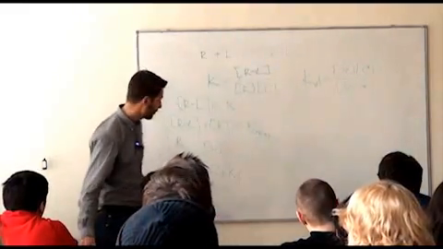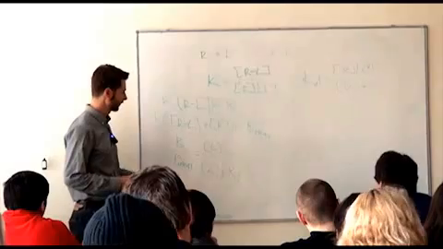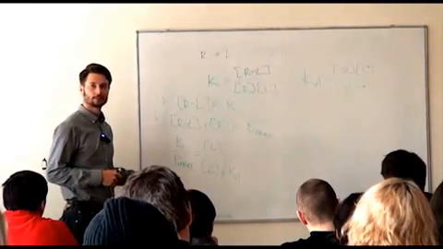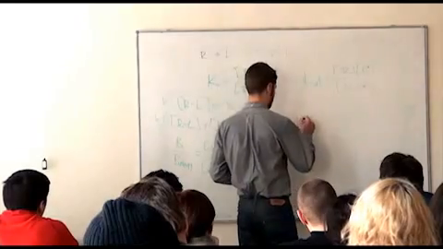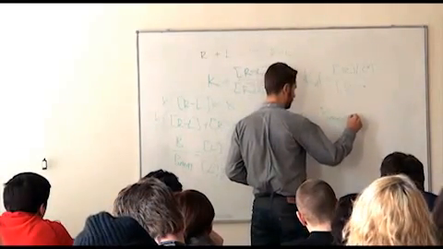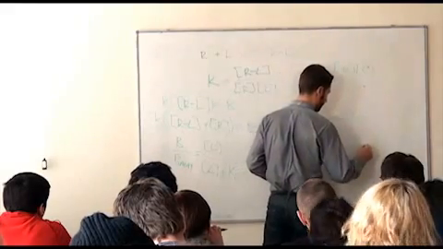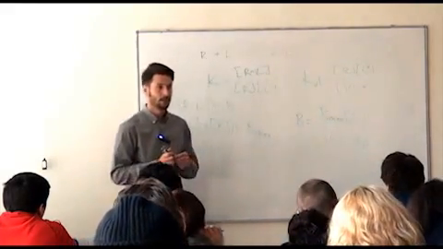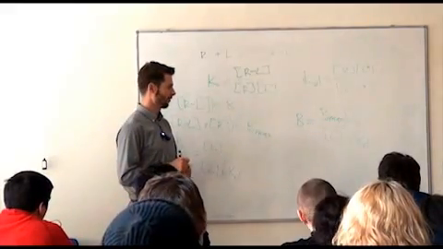I'm going to multiply both sides by B max, and we get B is equal to B max times L divided by L plus KD. And now all of you are going to say, oh, we've seen this before.